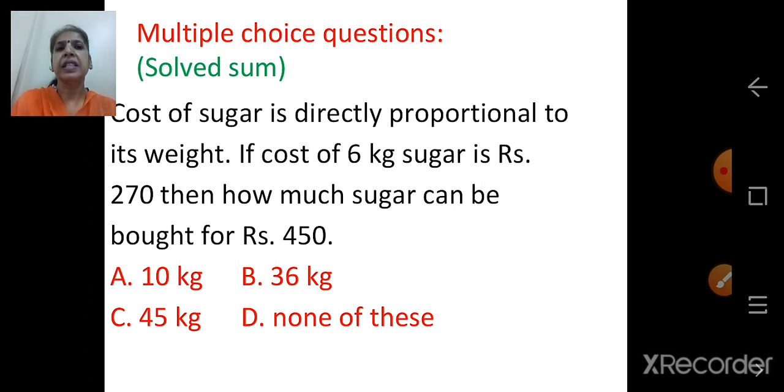The options given are A 10 kg, B 36 kg, C 45 kg and D none of this. So four options are given.